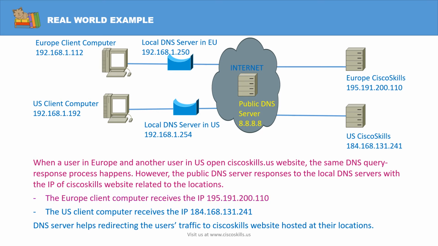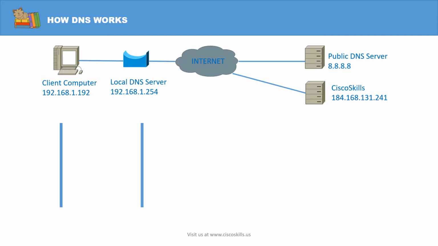Therefore, the Europe client computer receives the IP 195.191.200.110, and the US client computer receives the IP 184.168.131.241. So the DNS server helps redirecting the user's traffic to Cisco Skill website hosted at their locations.